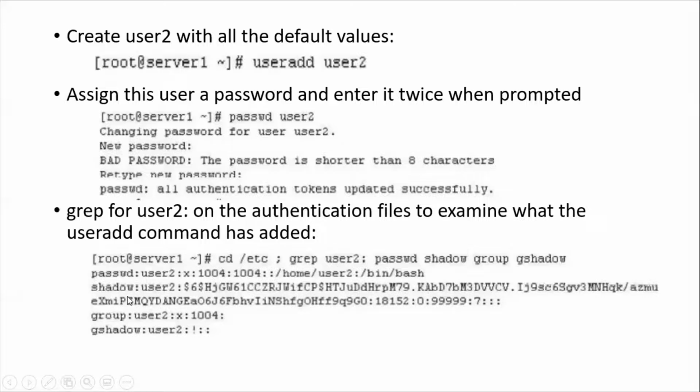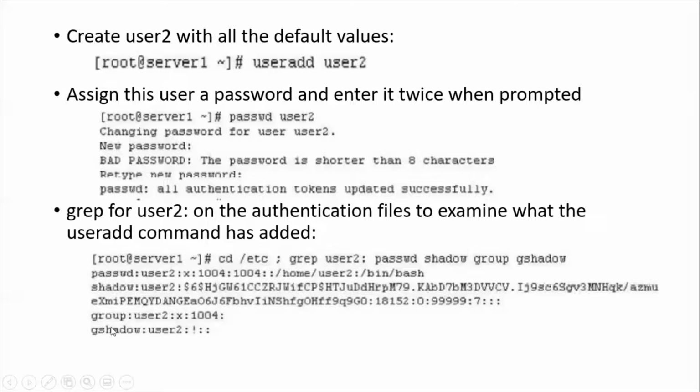Then this is the user2 entry in the shadow file, where we can see user2 and its encrypted password, and the date of expiry. For further details, you can review my previous chapter.